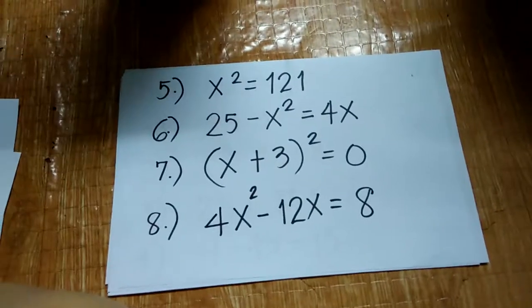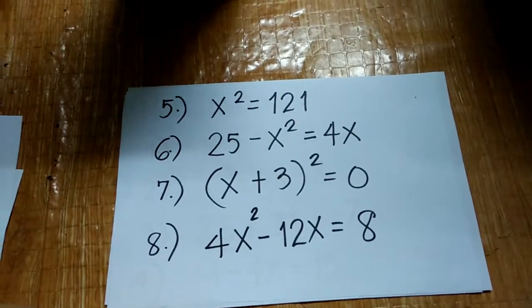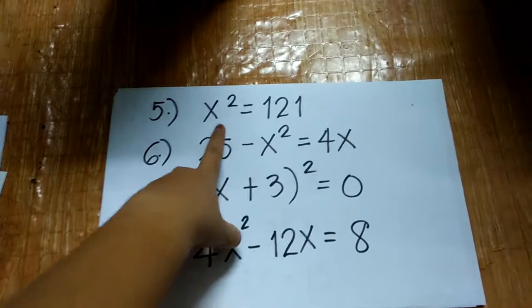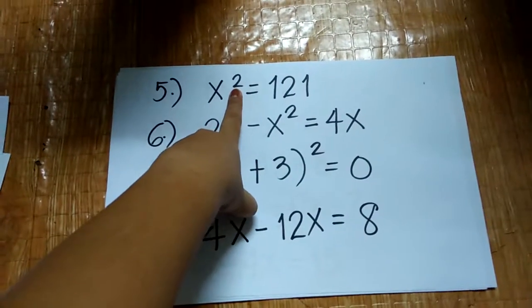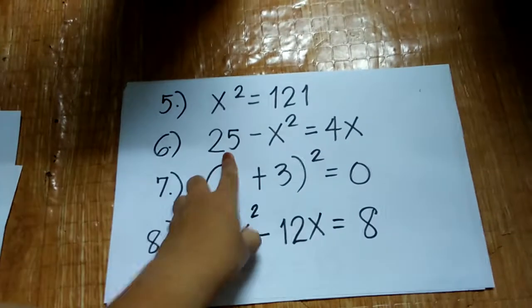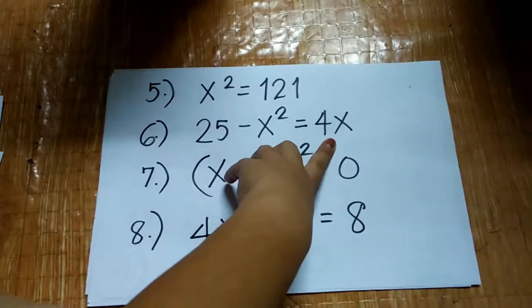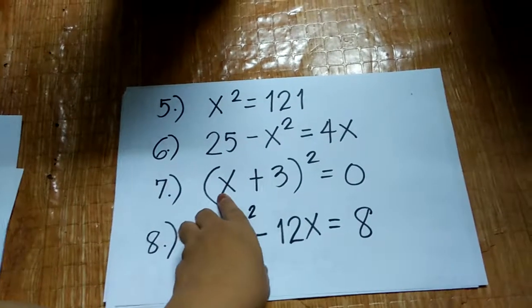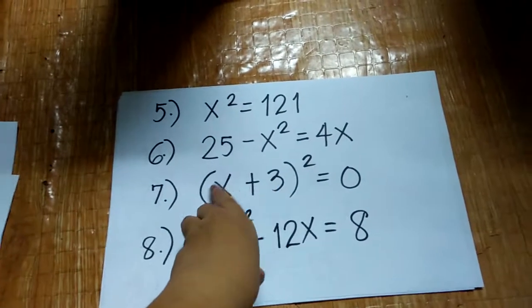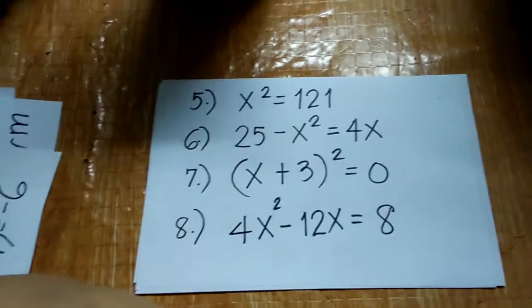Okay, ano pa yung mga example? Number 5, x squared is equals to 121. Ayan na naman, squared. So that's why it is considered as quadratic. 25 minus x squared is equals to 4x. Okay, meron na naman tayong x squared. Then x plus 3, quantity of x plus 3 squared is equals to 0.